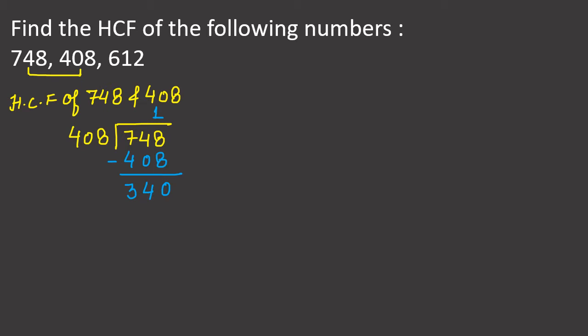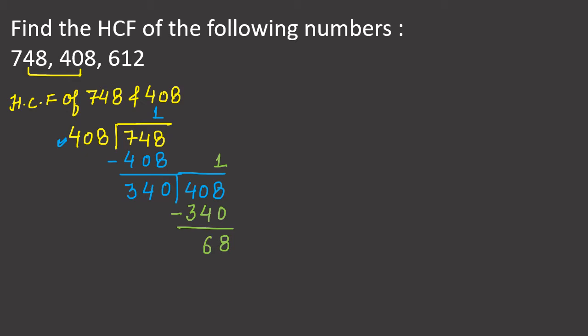So it will be the next divisor and the new dividend will be 408. So write 408 as dividend now. Divide 408 by 340. 340 ones are 340. Subtract them. It will be 8 and 6.